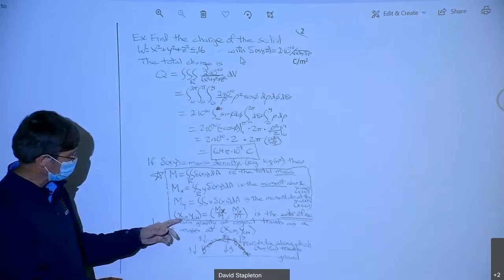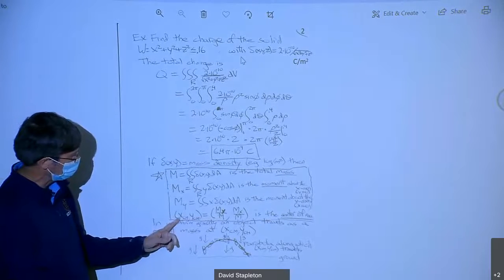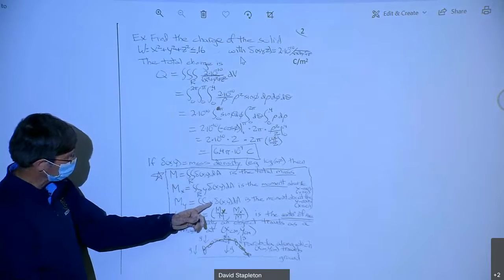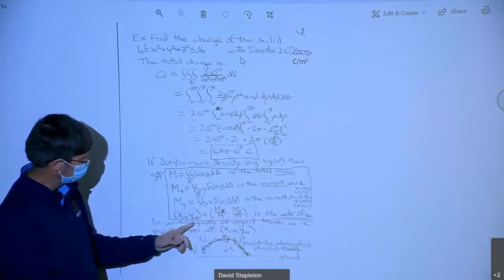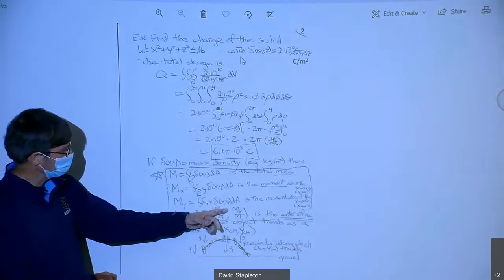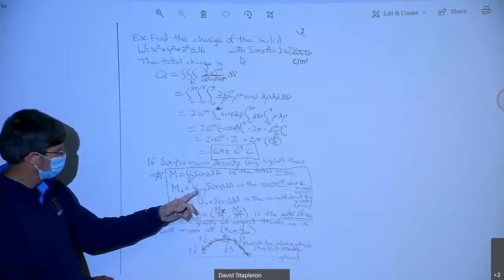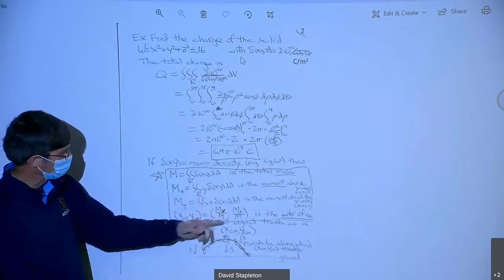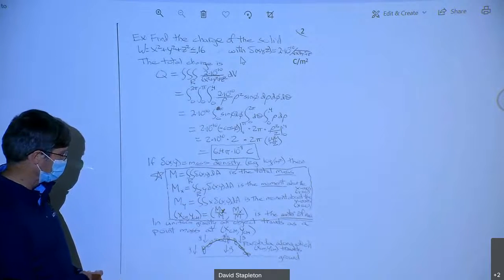And then you say that my over m is the x center of mass, right? And mx over m, the double integral of y over m, gives you the y center of mass.